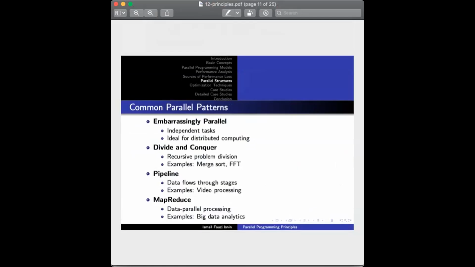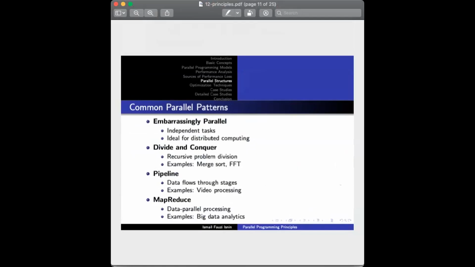Next, MapReduce. This data parallel pattern partitions a massive dataset into parallel blocks, processes them independently in the map phase, and aggregates them into a structured result during a reduce phase.